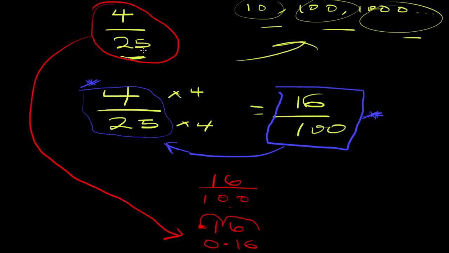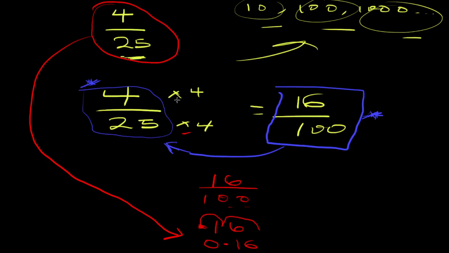I'm going to go over this question again. 25 doesn't look like a 10 or 100 or 1,000. So what we're going to do is look at the denominator and see how we can rewrite it to become like one of these numbers. So we multiply 4 by 25, which gives us 100.